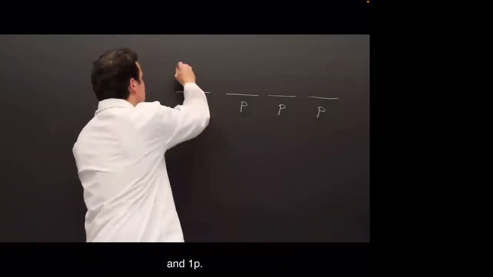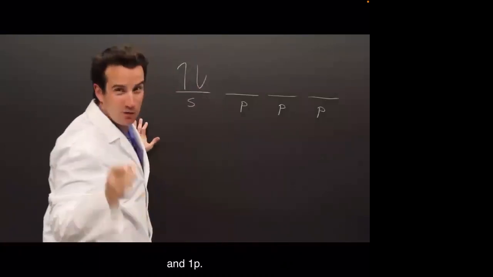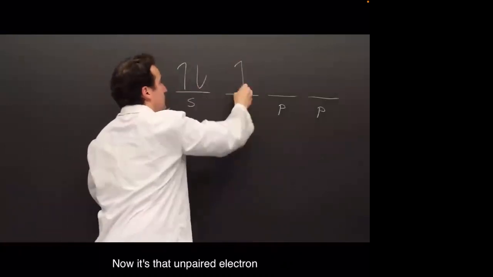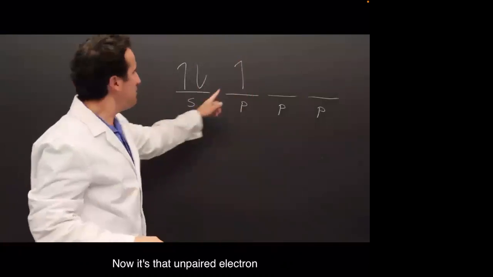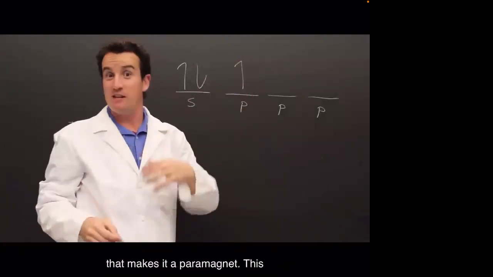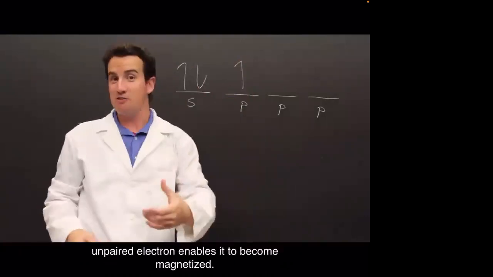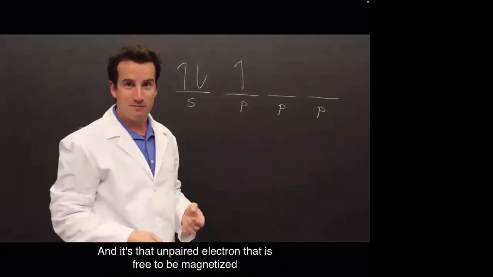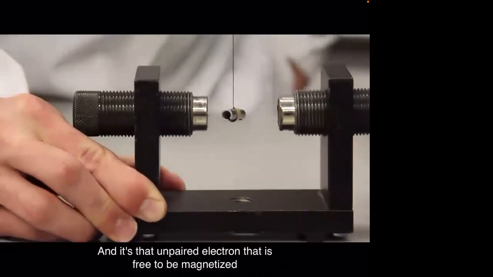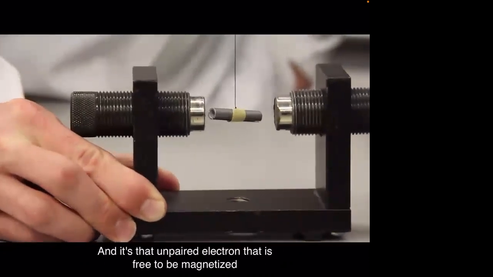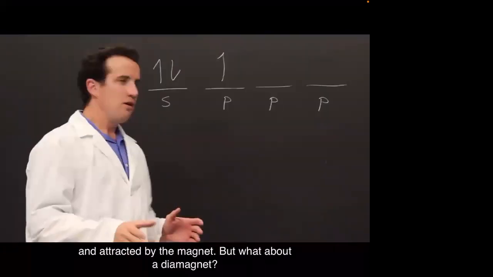That's 2s and 1p, right? So that 1p orbital electron will be unpaired, and that makes it a paramagnet. This unpaired electron enables it to become magnetized. And it's that unpaired electron that is free to be magnetized and attracted by the magnet.